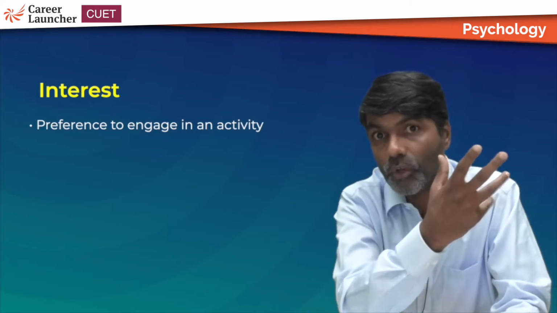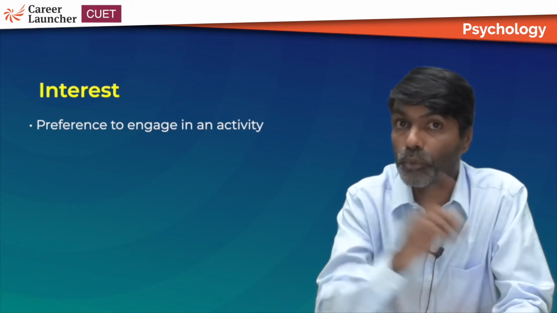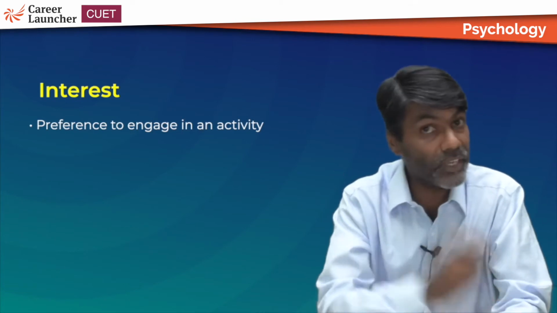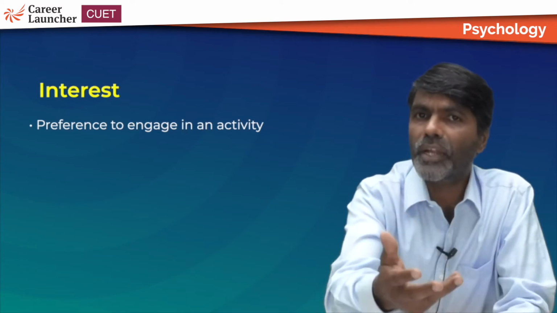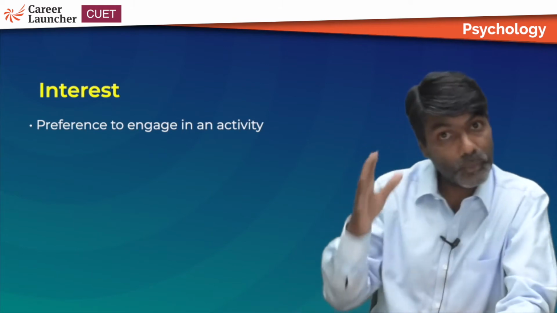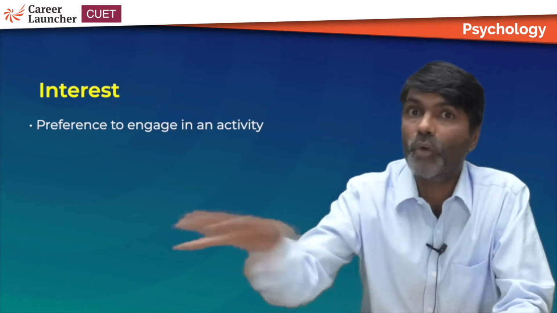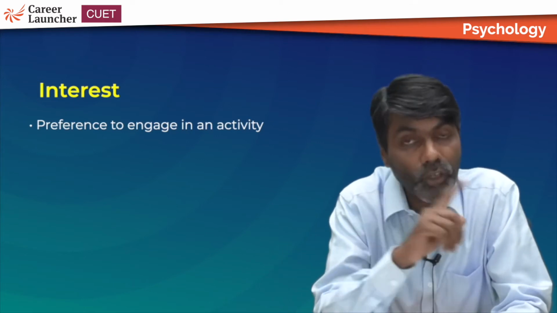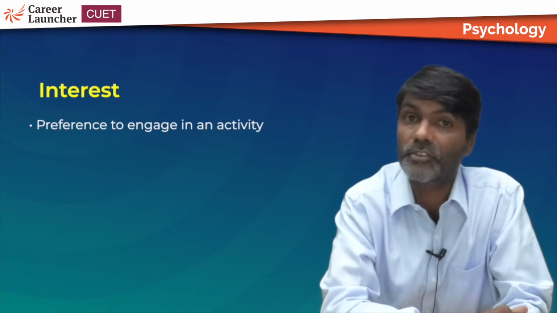So careers also have linkages to these psychological attributes. We'll come to it a little later. Whereas, think of somebody who's extremely interested in computer games or programming or painting or anything like that. That person will engage a lot more time in doing this, and if you force a person to go out and play soccer, he will not be in his comfort zone. That is the third dimension, interest.